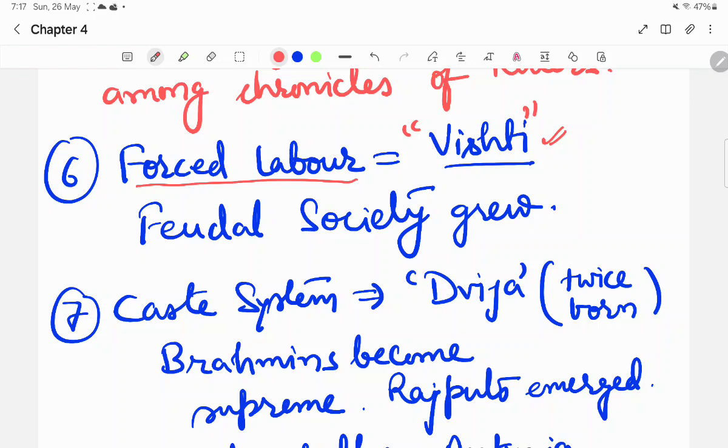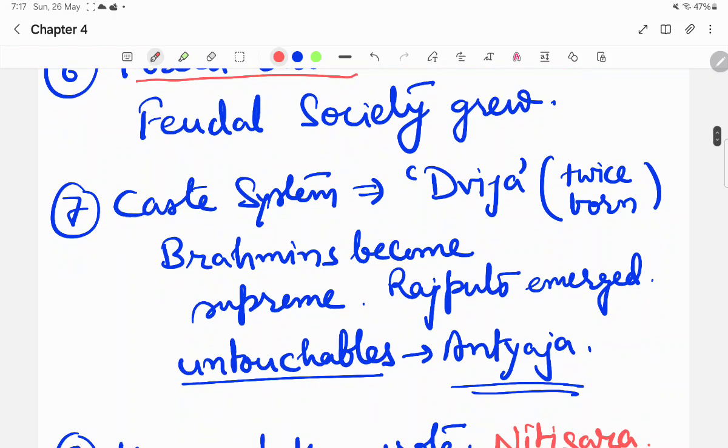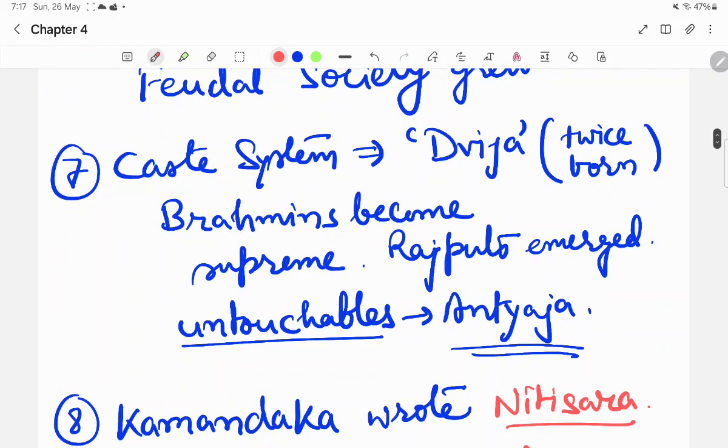Feudal society grew at that time, and caste system was evolving with time, and there was a concept called Dwij. It means twice born. And during that time Brahmins and Rajputs became the prominent castes, and untouchables were called Antyaj.